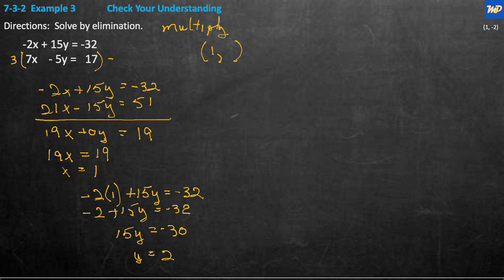I'm sorry, negative 2. I didn't carry the negative, right? So when we added the positive 2 to negative 32, we got negative 30. And now y is equal to negative 2. So up here, our solution is 1 comma negative 2. So 1 comma negative 2 is the solution to this system.